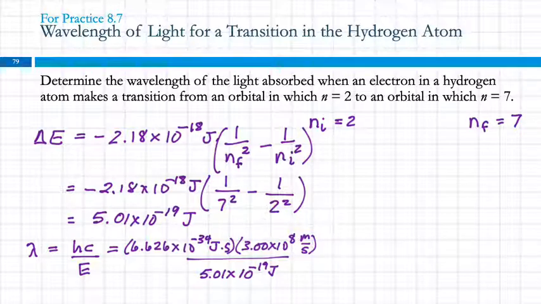So 6.626 EE minus 34 times 3 EE8 divided by 5.01 EE minus 19. So this is 3.97 times 10 to the minus 7 meters.